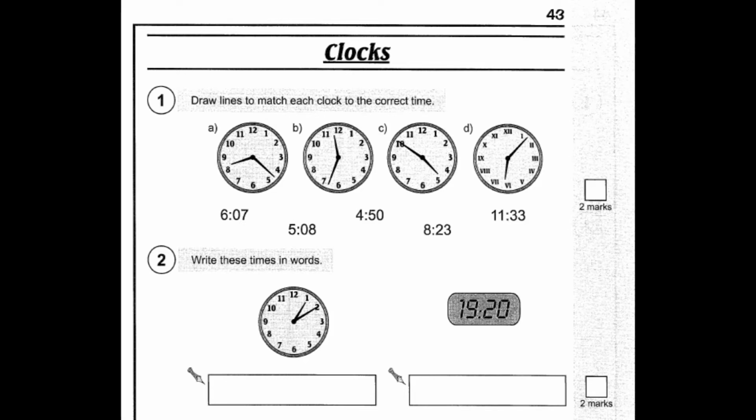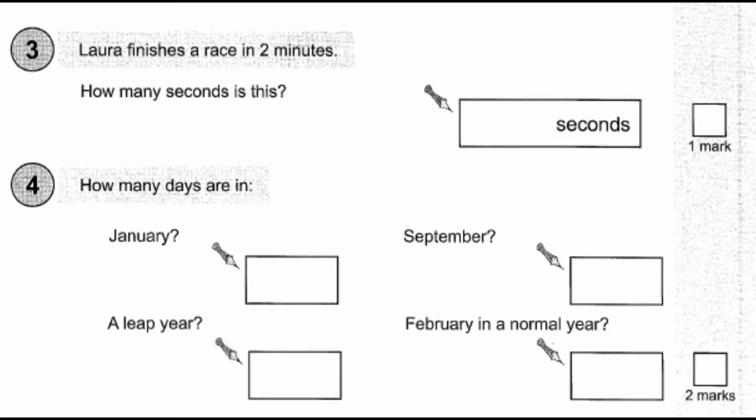So on page 43 of your books, you have to match up some clocks and write down the time in words that are shown on the clocks. So we'll be practicing that in a minute. We have done that a little bit at school, so hopefully you will remember, but I'll give you a refresher. And if we just have a look at this picture, these are the other types of questions we're going to be looking at today.